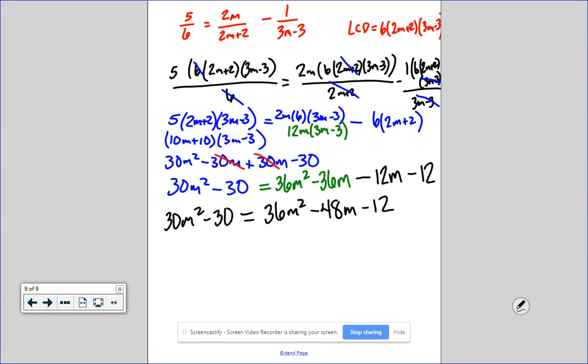Now I hate doing this, but I'm going to move everything to the right. So I've got 0 equals. Why are you moving to the right? Just because there's more terms on the right. It doesn't really matter. I'm going to subtract 30m squared. So I get 6m squared. And then I'm going to add 30. Minus 48m plus 18.